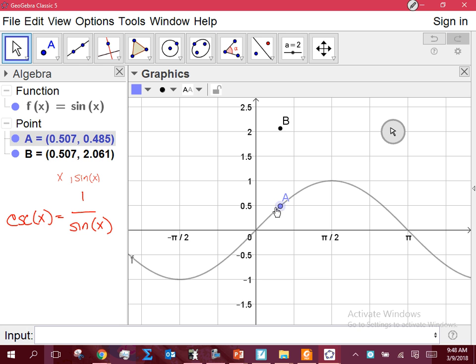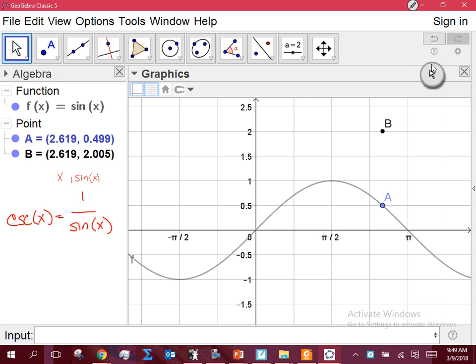Okay. What if my A value was at pi over 2, comma 1? What's the reciprocal of 1? 1, right? What if I'm over here, again, at a y value of 0.5 for the sine function?